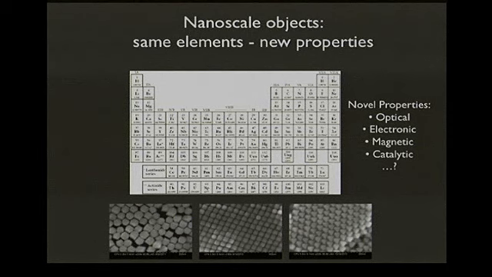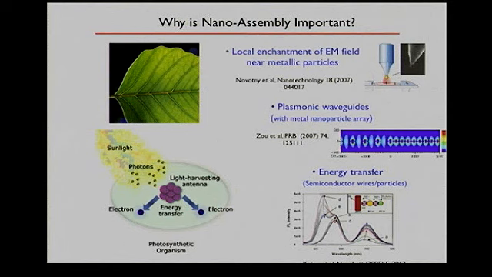Another aspect is that by combining various kinds of components together, we can to some degree maybe mimic or create some new devices or materials. As an example, I chose a comparison with the photosynthetic process, where we have to capture sunlight, transfer this energy, as well as convert this energy into some other form of energy.